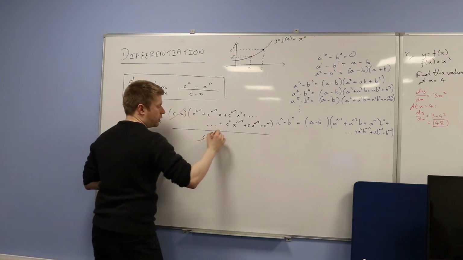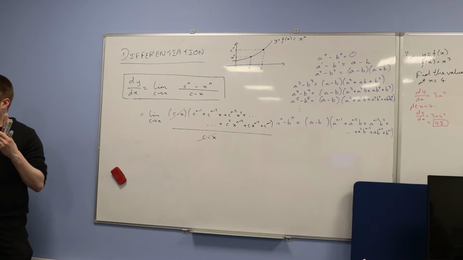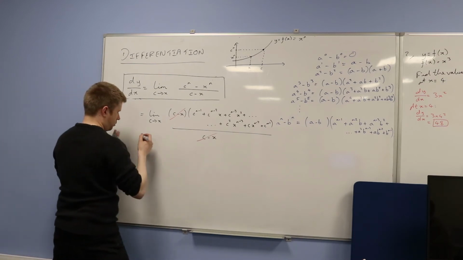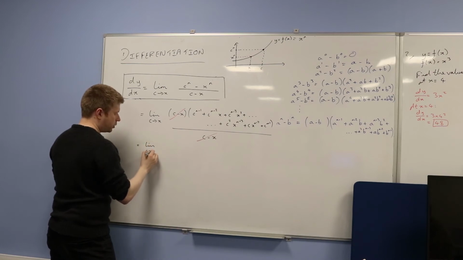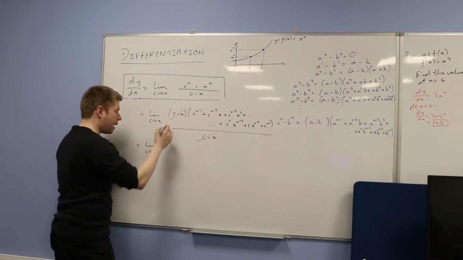Good. I can see a factor which I can cancel off. So in other words, what I'm going to be left with is the limit as c approaches x of this entire right-hand bracket.